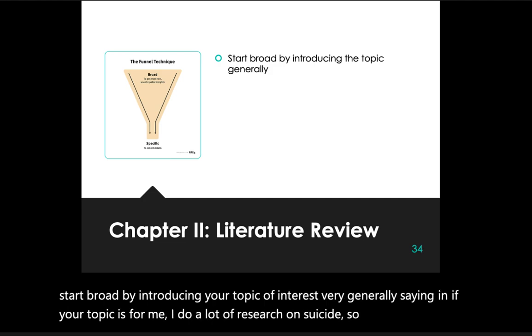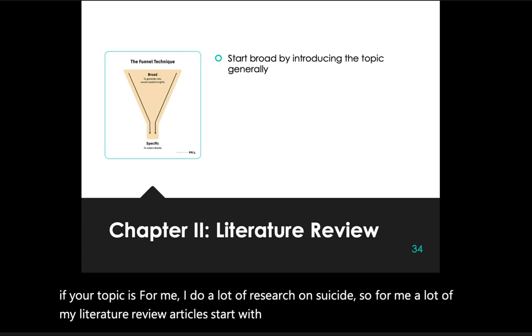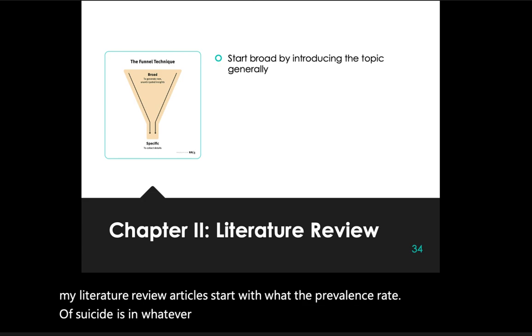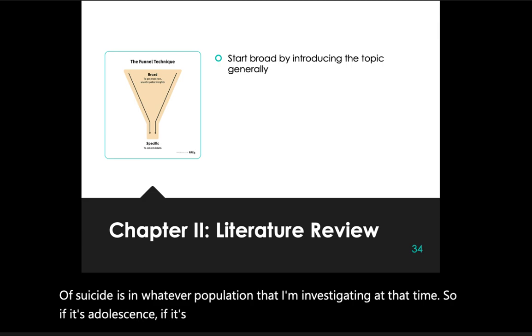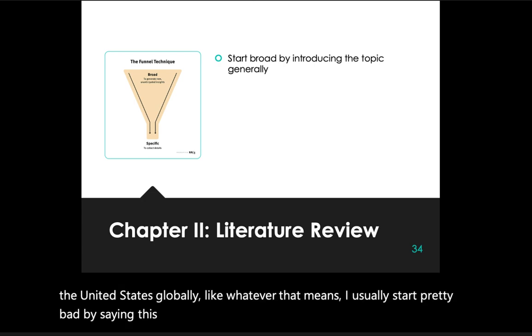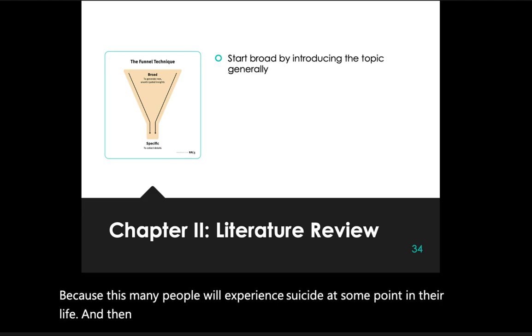So a lot of my literature review articles start with what the prevalence rate of suicide is in whatever population I'm investigating at that time. So if it's adolescents, if it's adults, if it's people in Colorado, the United States, globally, whatever that means, I usually start pretty broad by saying this is a public health crisis and here's why we know, because this many people will experience suicide at some point in their life. So I'm starting really broad.